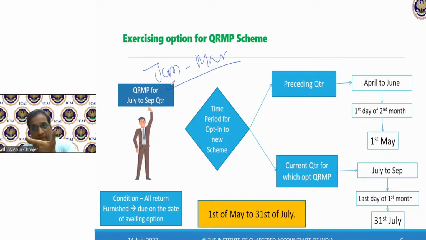Can you please tell me the time frame within which I have to convey the option? For which quarter I like to go? Jan to March quarter. आप मुझे बताइए वो टाइम फ्रेम जिसमें मैं ये अपना ऑप्शन एक्सरसाइज कर सकता हूं.